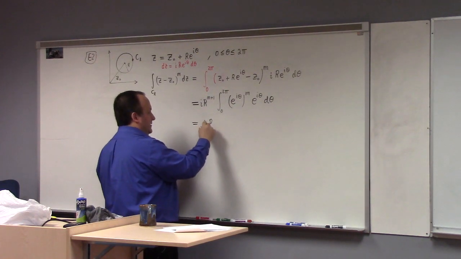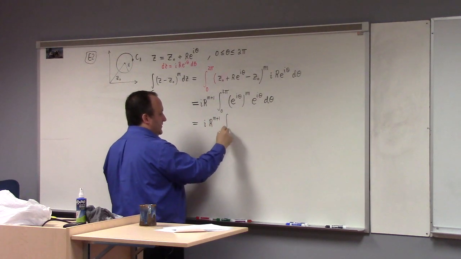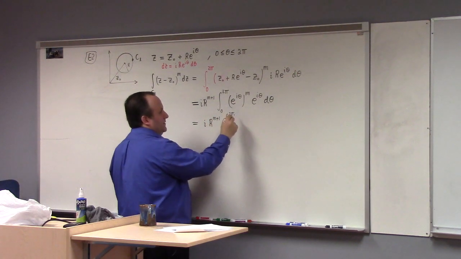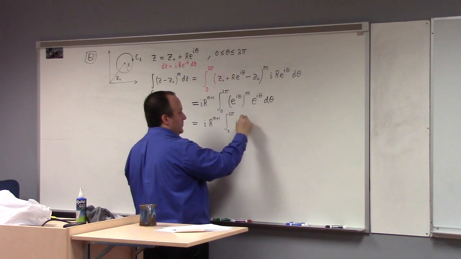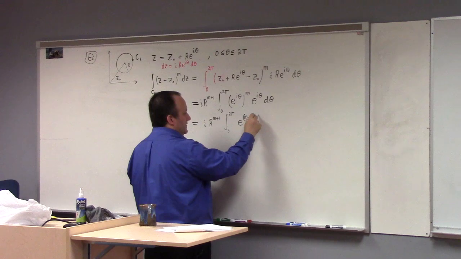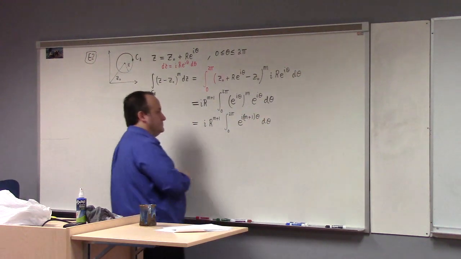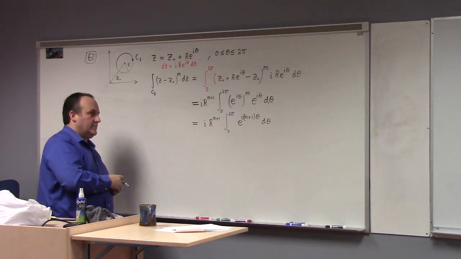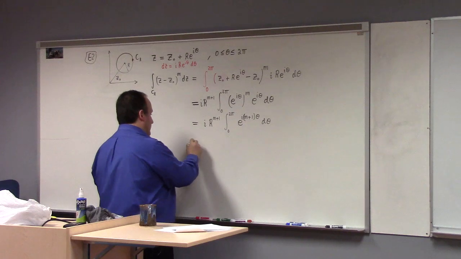We have r times r to the m plus 1 power, integral from 0 to 2 pi. And it looks like we're going to have e to the i(m plus 1) times theta, all times i. Now I know how to integrate an exponential, right?